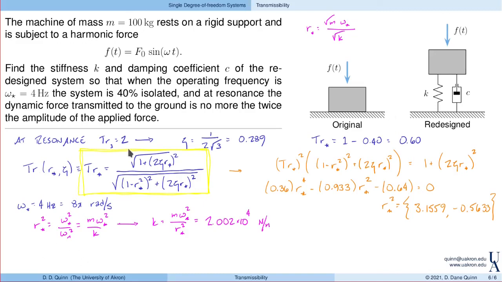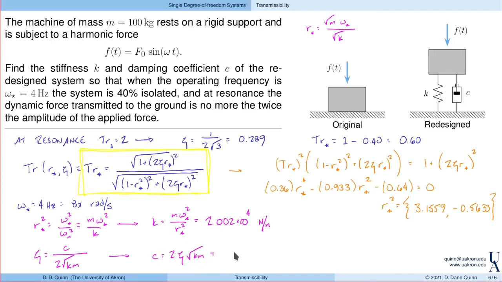Now, turning to the damping, we'll use the damping ratio. So remember, the damping ratio was defined as, here our coefficient is c, c divided by 2 square root of km. I know the damping ratio. That was determined by the transmissibility at resonance. K I just found, m is part of the problem statement, so I can solve for c. So now c is 2 zeta square root of km.